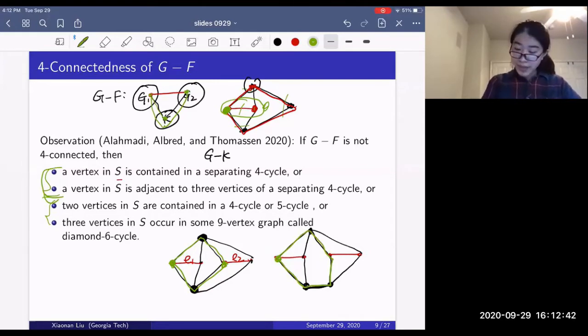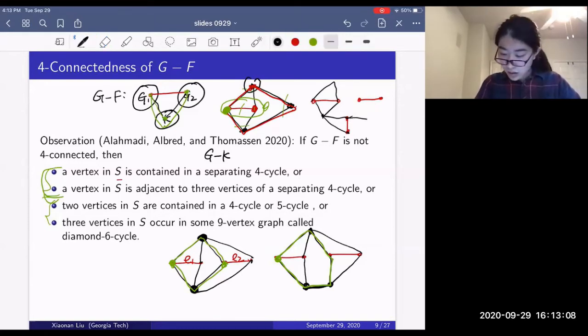Also, the last case is if we have 3 such red edges and the common neighbor, like this one. Because we have at most 3 black vertices and we have 3 red edges here, it will look like this.